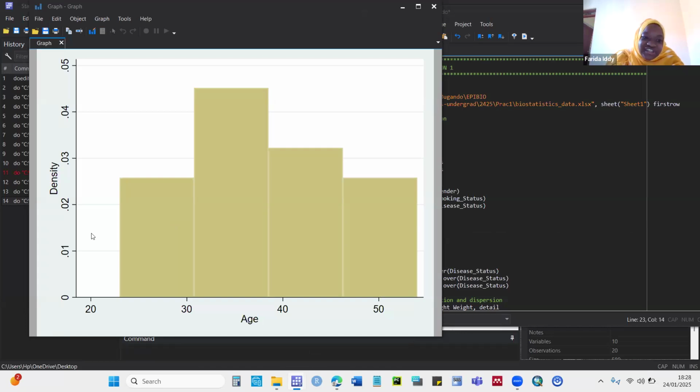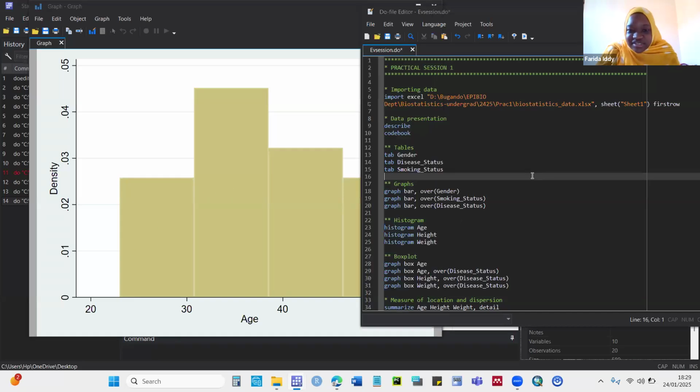For a normal distribution curve, it has to be like this. I don't know how I can draw it here, but for a normal distribution, it has to be a bell-shaped curve for us to say it is normally distributed. But in this graph, we can see it is approximately normally distributed for age.